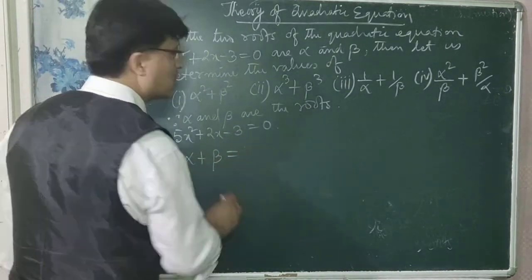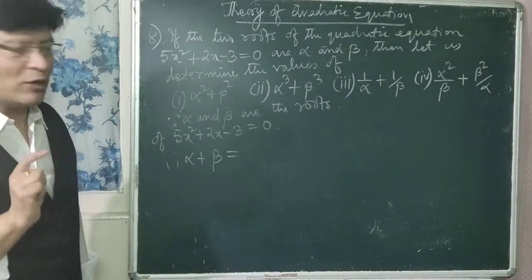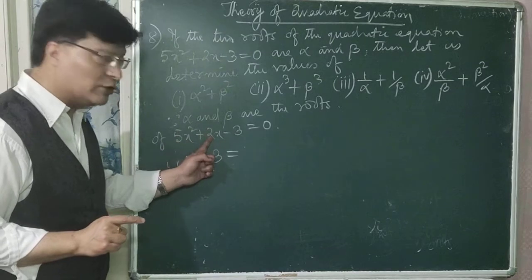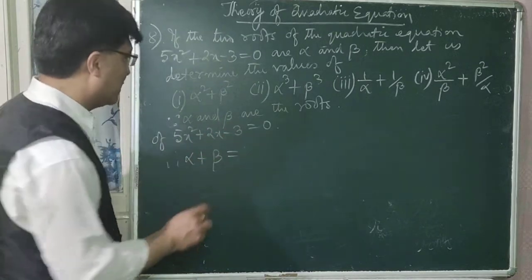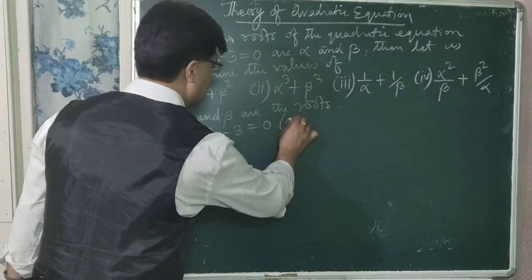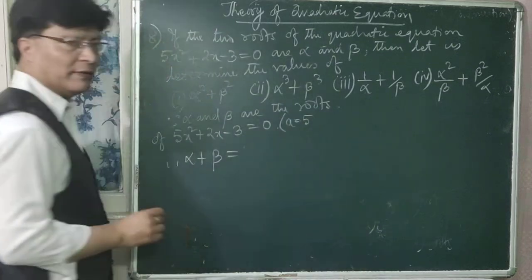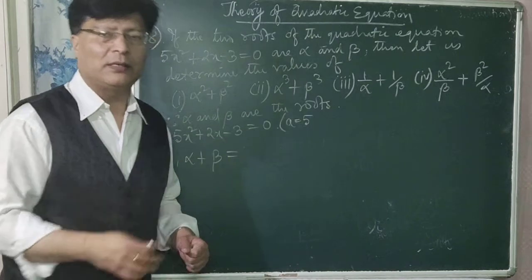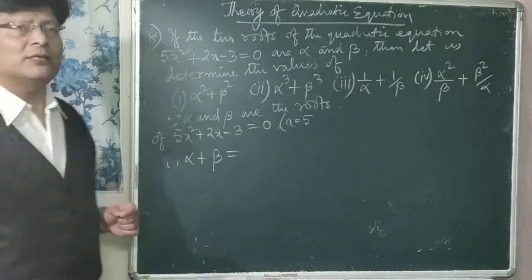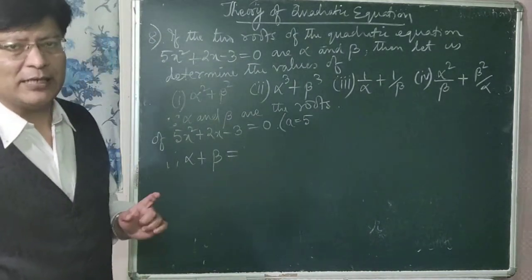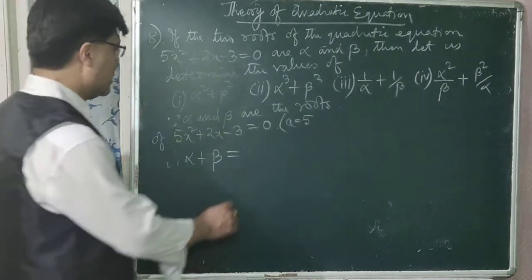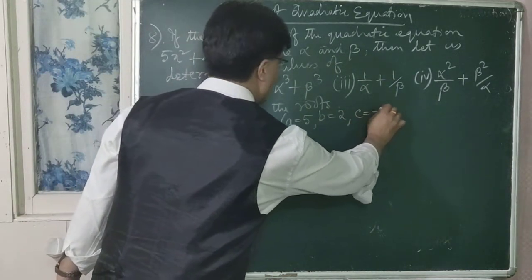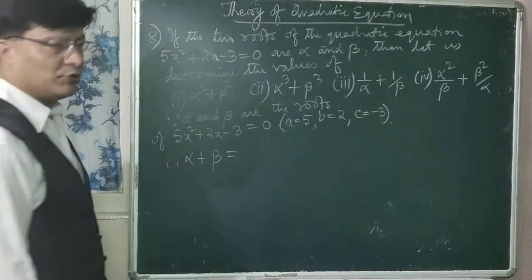Alpha plus beta is equal to minus b upon a. In this case, a is equal to 5, b is equal to 2, and c is equal to minus 3, right? That means we are comparing this quadratic equation with the general quadratic equation, that is ax square plus bx plus c is equal to 0, okay? So a is equal to 5, b is equal to 2 and c is equal to minus 3.